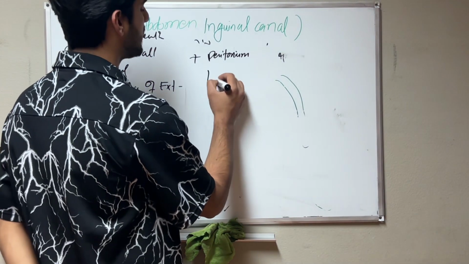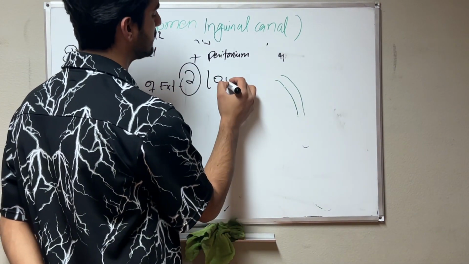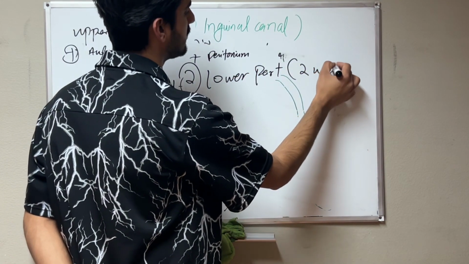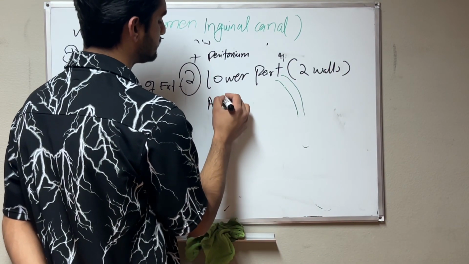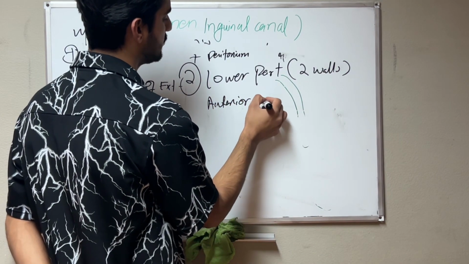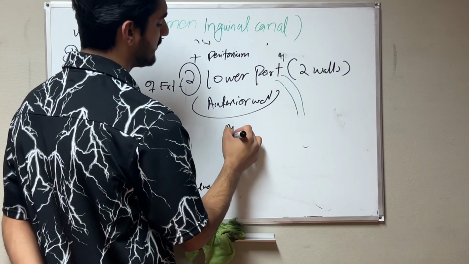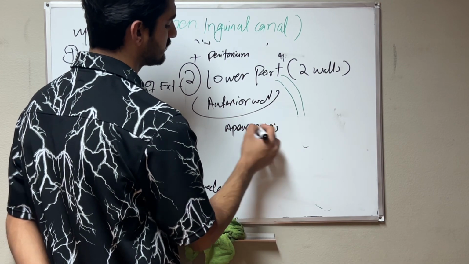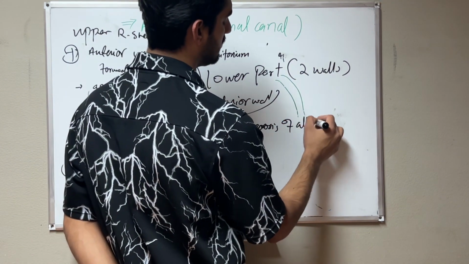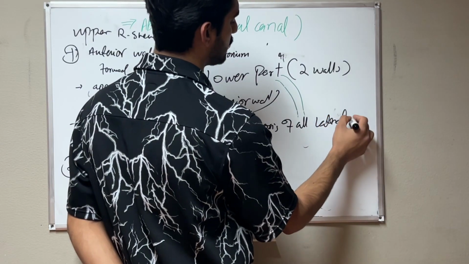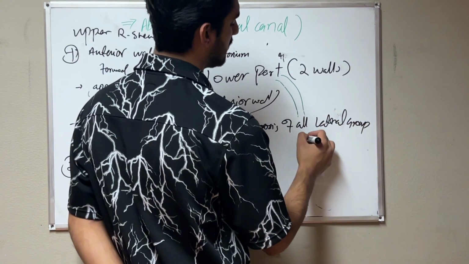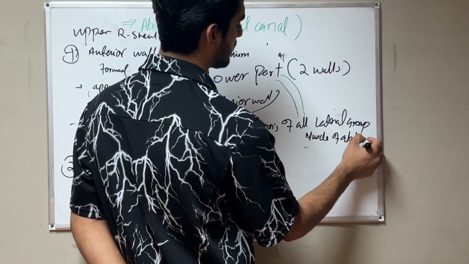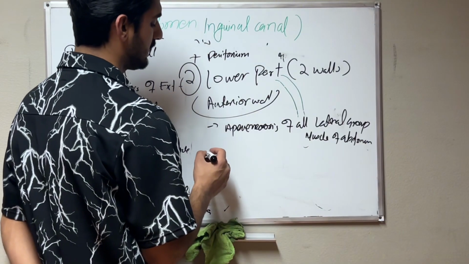Then we have the lower part, the second one, the lower part of the rectus sheath. The lower part also has two walls, anterior and posterior. The anterior wall has the aponeurosis of all the lateral group of muscles of the abdomen. Then the posterior wall: what do we have?